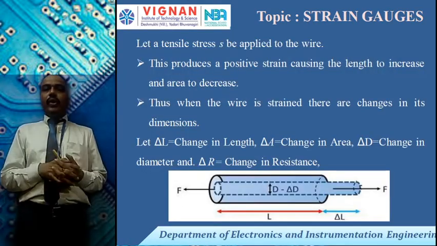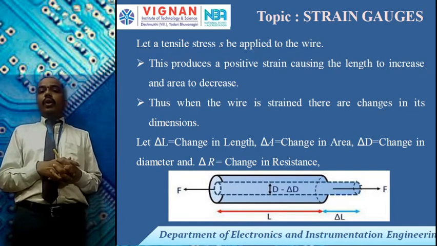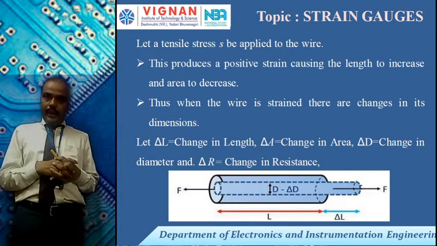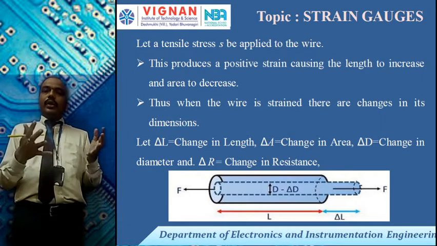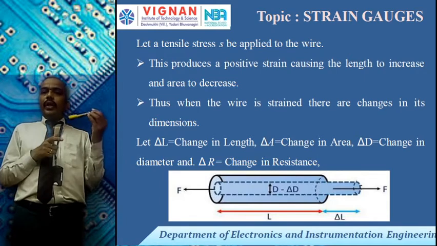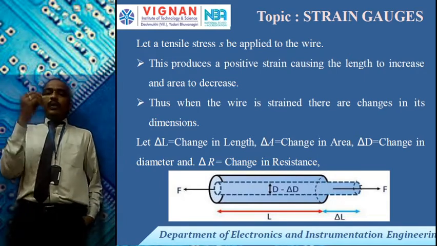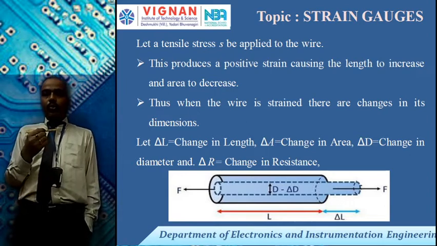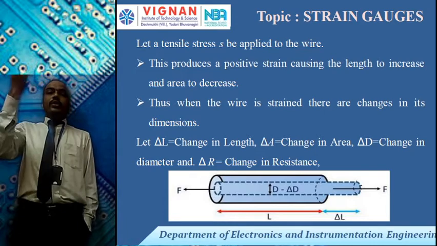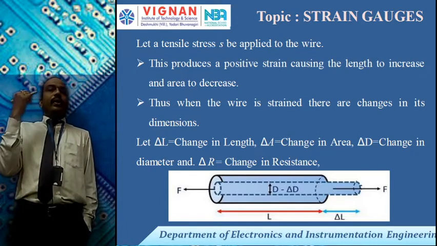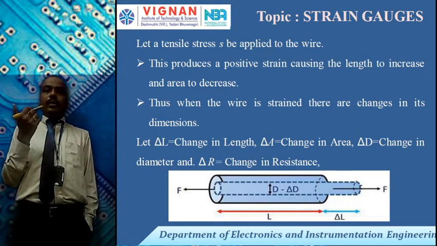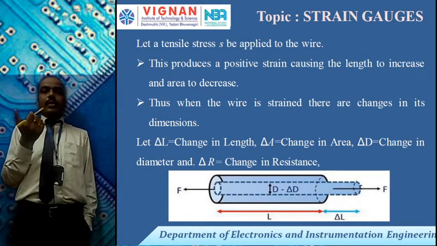We are going to derive an expression called gauge factor. The gauge factor is nothing but sensitivity. As we know, sensitivity is the ratio of change in output to the change in input. For strain gauges, the output change is the change in resistance. The input quantity is strain, that is change in length per unit length. How actually that depends upon these quantities, what the definition of gauge factor is, and what the expression for gauge factor is, we are going to discuss in the next class.